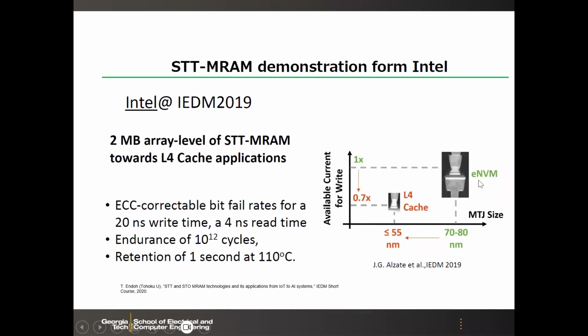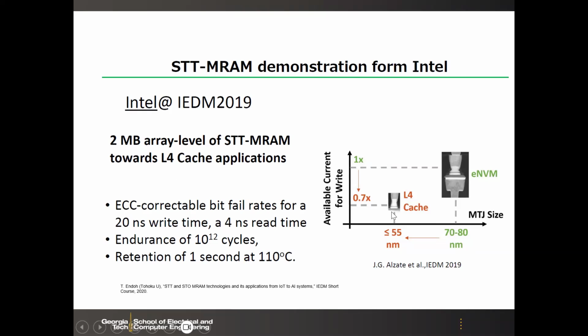In that case, you need retention, so the diameter of the MTJ is larger, like 70 to 80 nanometer, so you can make the magnetic orientation more stable.